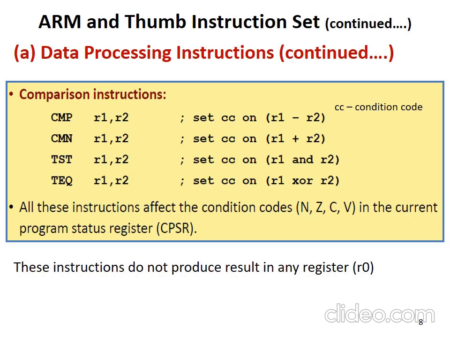TEQ test equality R1 R2. Here R1 is XORed with R2 and depending upon the result, the conditional code flags in CPSR are altered. These instructions do not produce any result in any register.